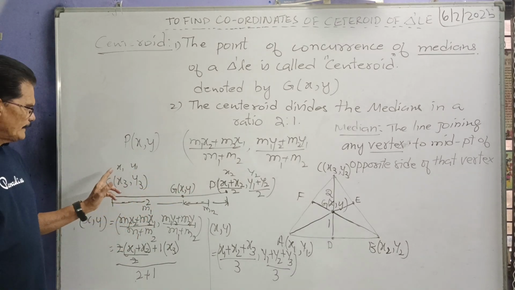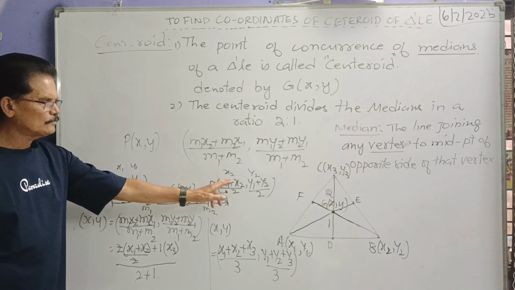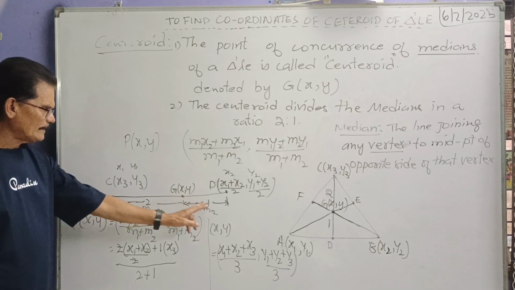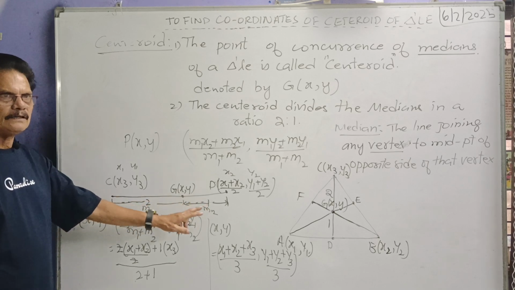Ends would be x1, y1, x2, y2, and the ratio would be 2:1, that is m1:m2.